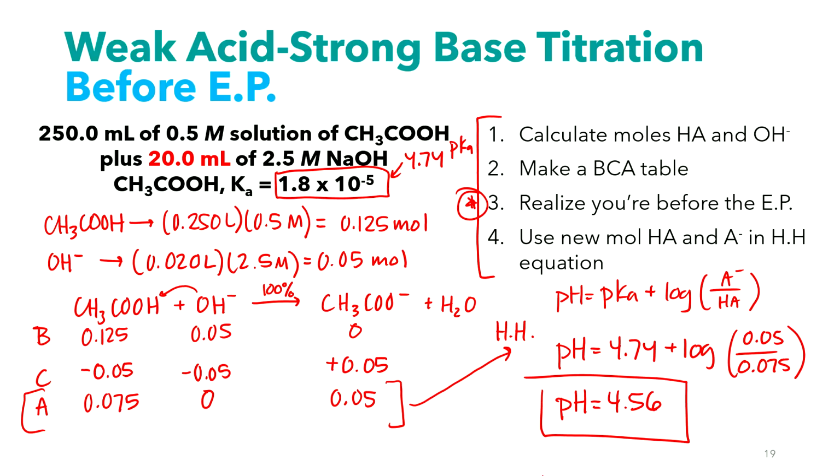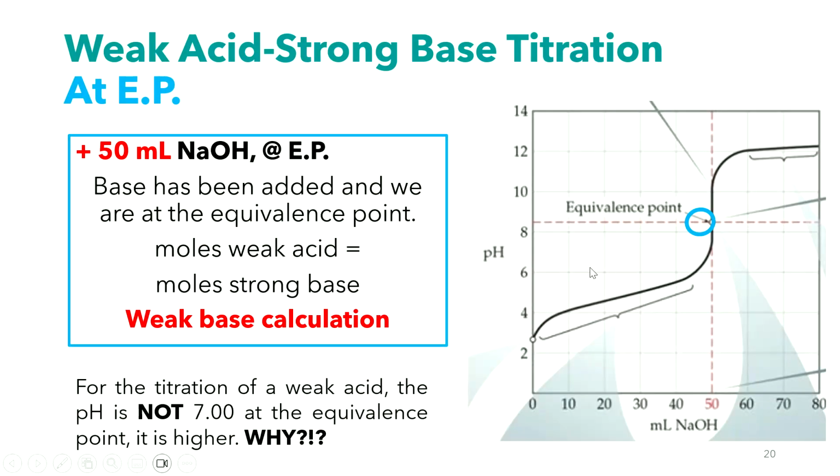Now we're moving forward, and we're going to be at the equivalence point. This is why this is so different than our strong acid, strong base titration, because at the equivalence point our moles of weak acid equal our moles of strong base. So I have HA plus OH minus, and they're perfectly matched, and approximately 100% make A minus.